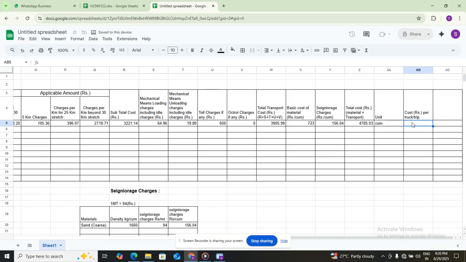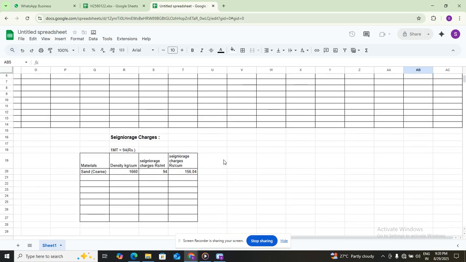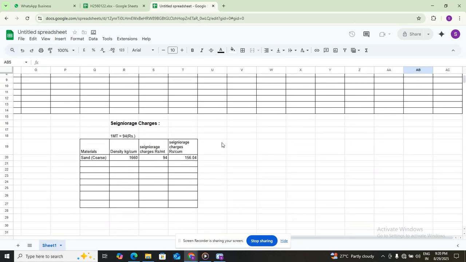What is the cost per truck or per trip? What is the truck capacity? We don't know the truck capacity. First we have to design, so we assume the truck capacity.